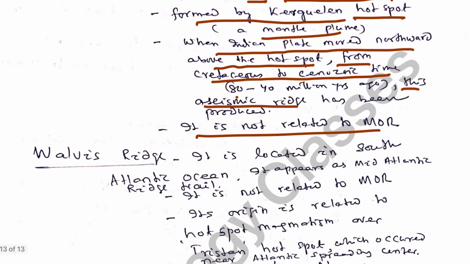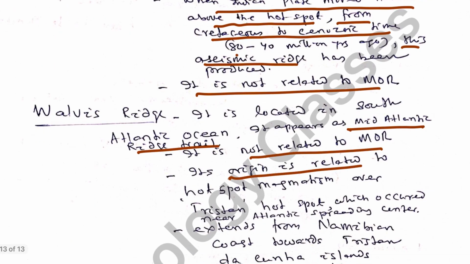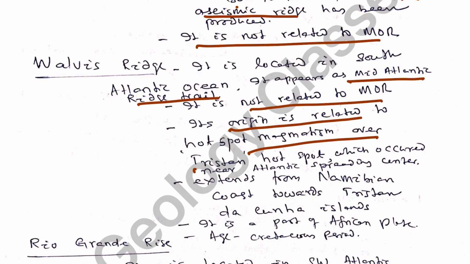Similarly, we have Walvis Ridge. It is located in the South Atlantic Ocean. It appears close to the mid-Atlantic ridge, or it appears as if it is the trail of the mid-Atlantic ridge. It is not related to a mid-oceanic ridge. Its origin is related to hotspot magmatism over the Tristan da Cunha hotspot, which occurred near the Atlantic spreading center.